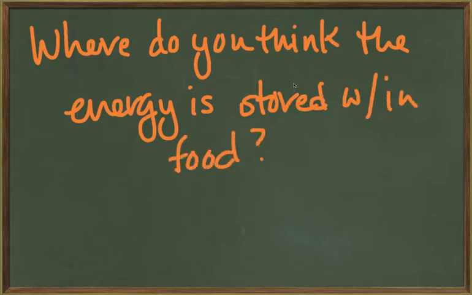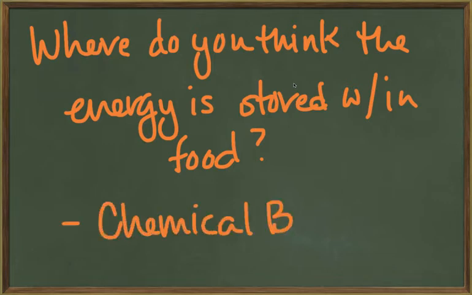Where do we actually store it, and how do we release it? The answer to this question is chemical bonds. Everything that holds our atoms together is a potential source for energy. All we have to do is break those bonds.